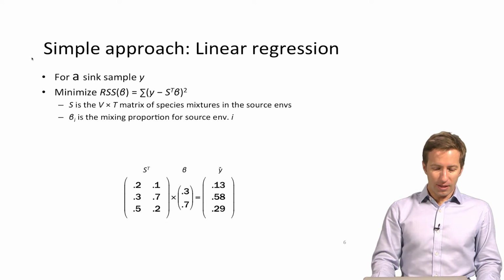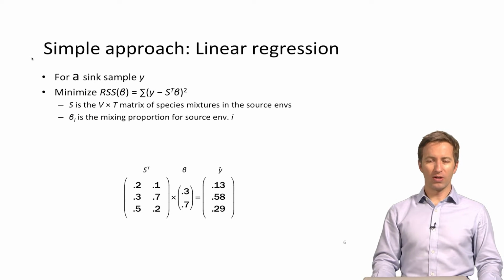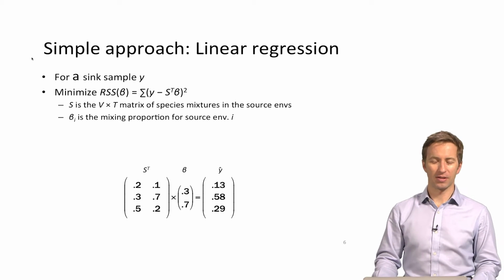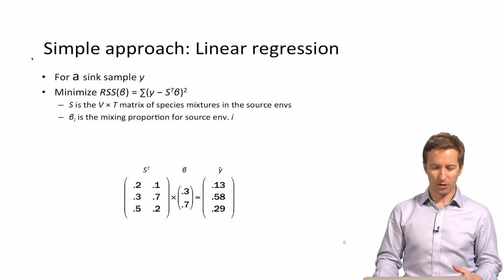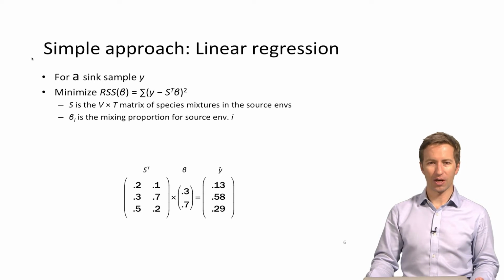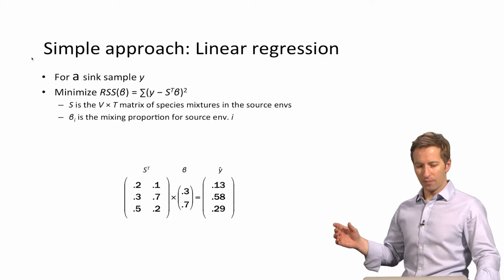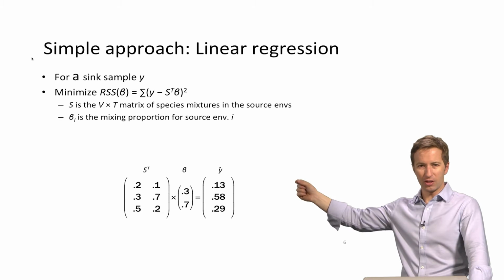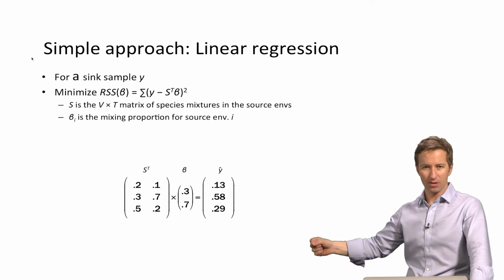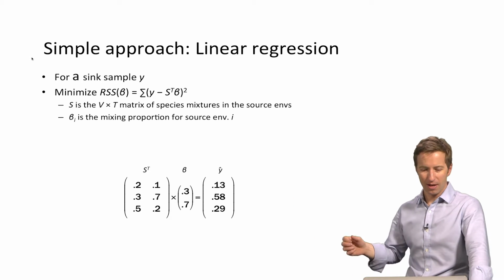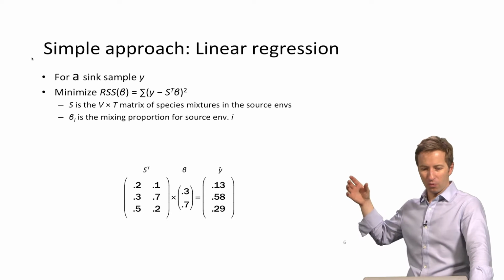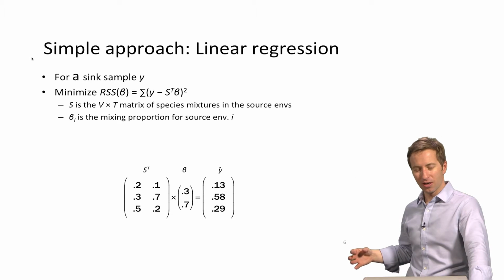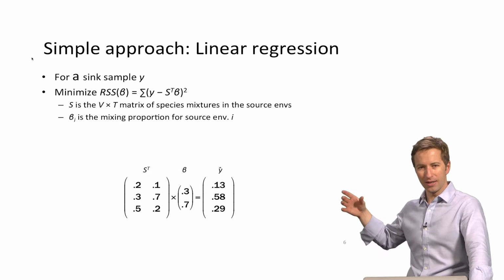This would be very easy in the case where we knew all of the mixing environments, because we could just treat it as a regression problem where we know the fraction of each species in the different source environments. So that's the S transpose matrix. Then we know the resulting mixture of species in the sink environment.